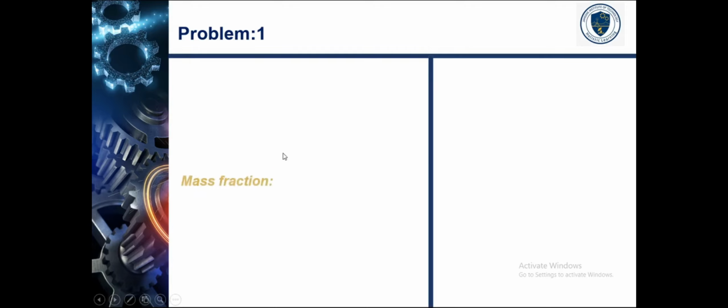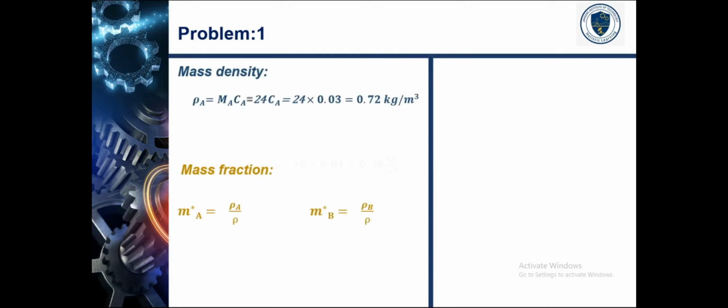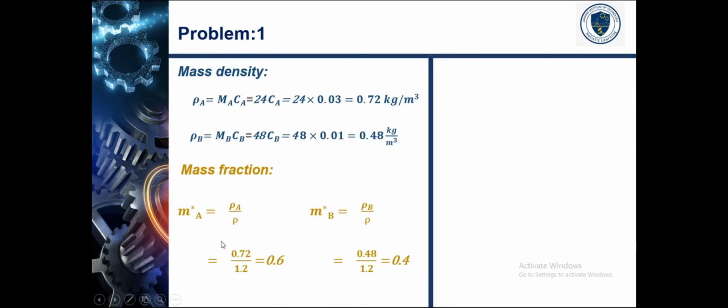If you use that relationship here, I will get rho A and rho B. So substitute rho A and rho values in this equation. You will get m star A and m star B, the mass fractions of species A and B, that is 0.6 and 0.4. M star A value is 0.6, m star B value is 0.4.